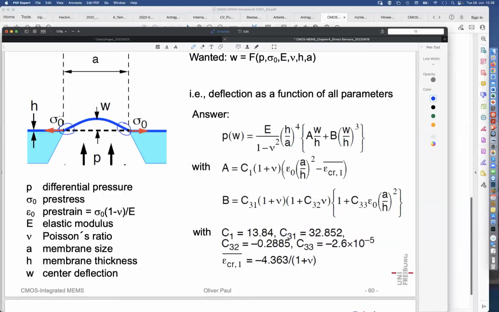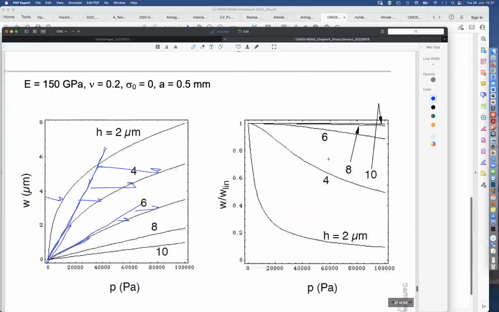So that's a phenomenological model. And as I said, it describes the pressure needed to obtain a certain center deflection of a square membrane, in terms of this polynomial model, which can be graphically represented like this.